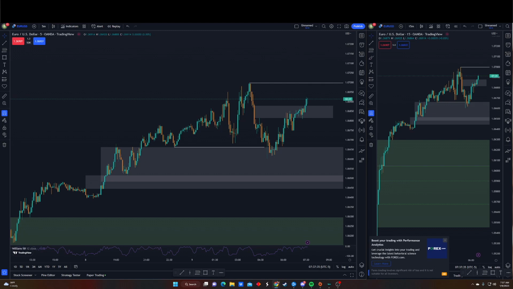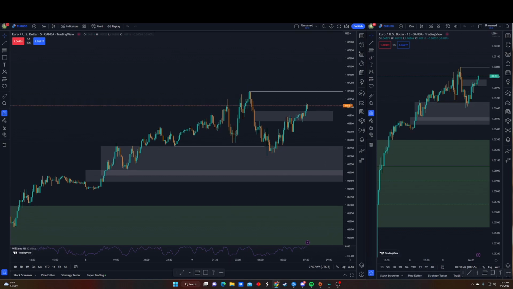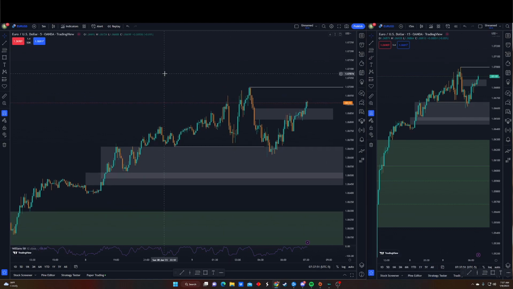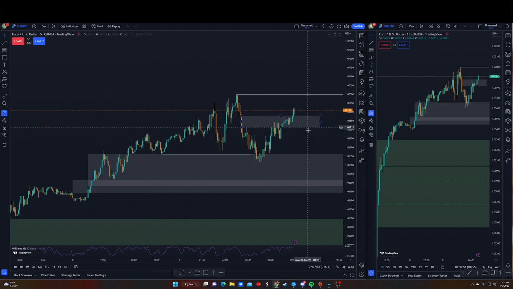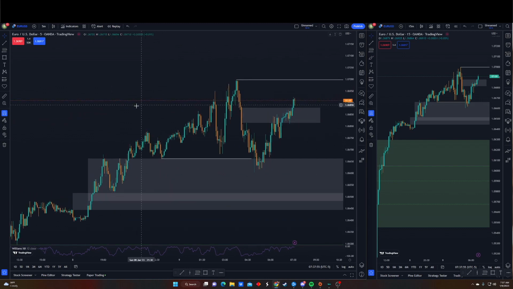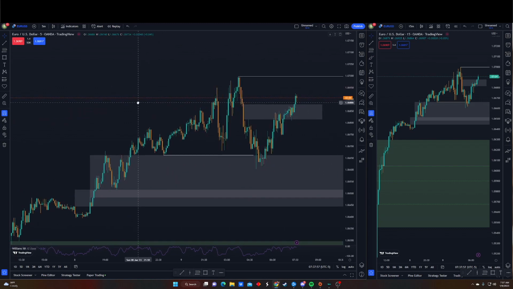The more I'm looking at price action right now, the less I feel inclined to open a trade today. And that's okay. It's only Monday. It's not the most ideal trading day anyway. But we're just going to keep watching, tape reading, see what happens.